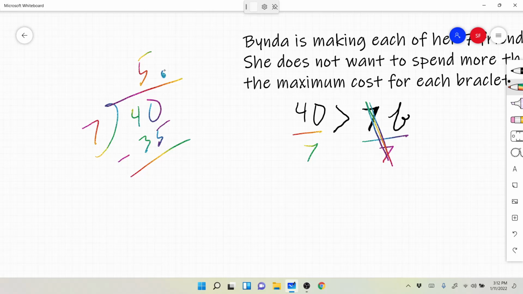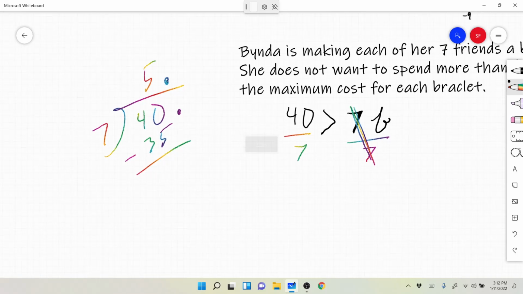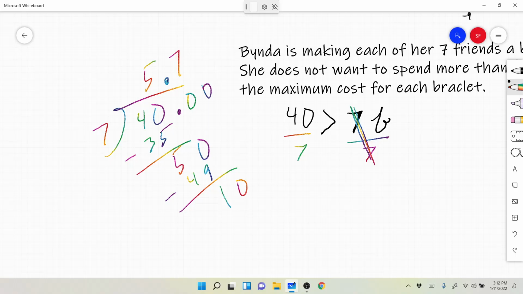Subtract it. 7 goes into 50 how many times? 7 times. 7 times 7 is 49. 7 goes into 10 once. 1 times 7 is 7. We're going to bring down a 3. 7 goes into 30 how many times? 4 times. Are we going to round up or stay the same? Stay the same because 4 is less than 5.